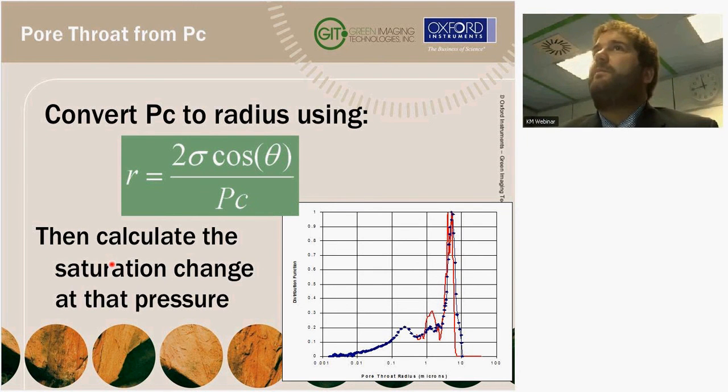For each radius, we get the saturation change at that pressure because we have lots of data points. And the curve will be the pore throat distribution. Mercury in this case, and it correlates very well. Obviously, mercury can take us down to smaller pore throats, but we have a very good indication of pore throats. And I think that is something a little bit unique to this technique, is that extra information.